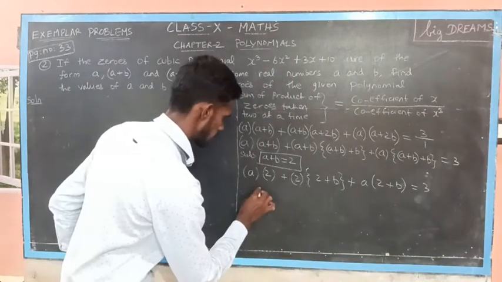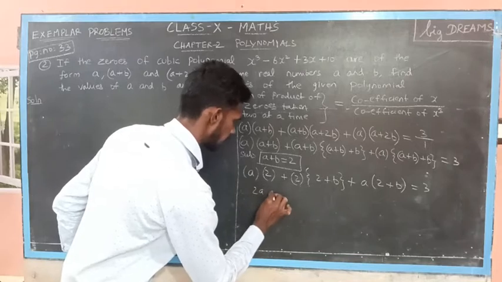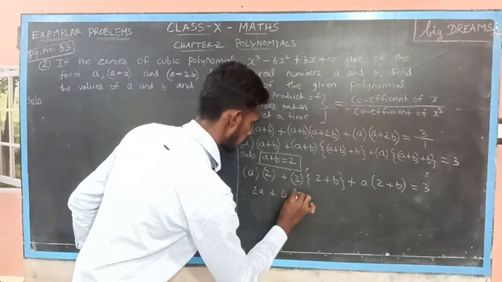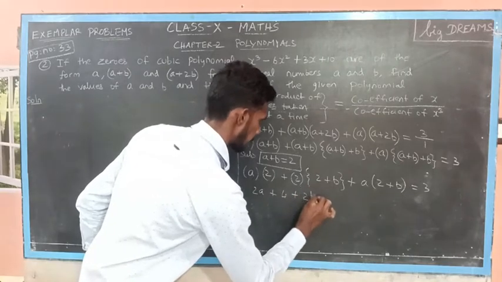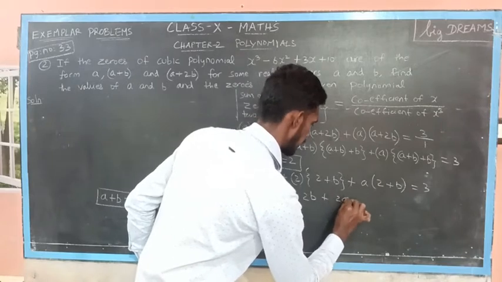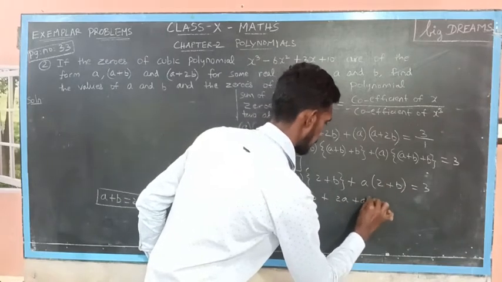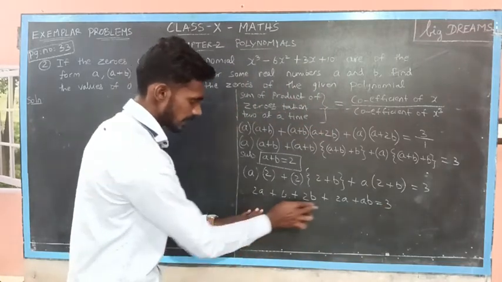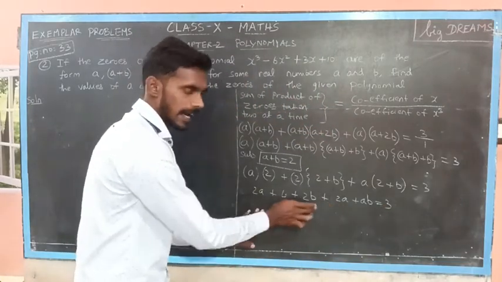So, it can be simplified as 2a plus 2 into 2 plus b, that is 4 plus 2b, then plus a into 2 becomes 2a plus ab is equal to 3.